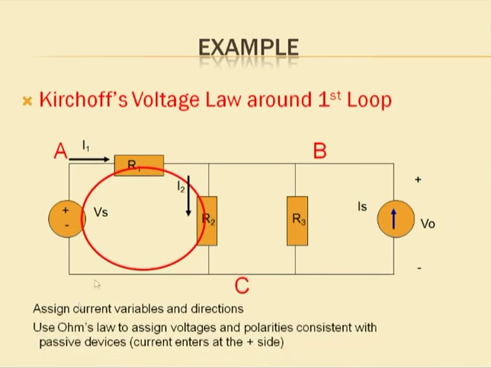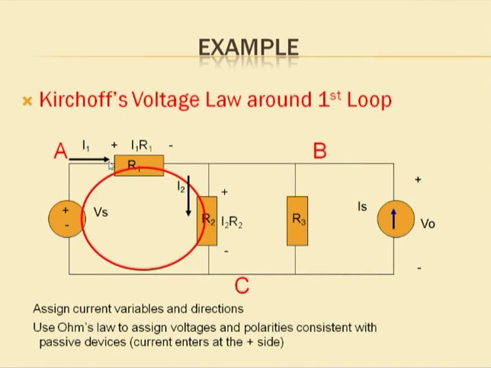According to Ohm's law the I1 R1 drop is there, and we are considering it as positive. So for the voltage drop I1 R1, this terminal will be positive and this terminal will be negative. The same situation happens at I2 R2 also.